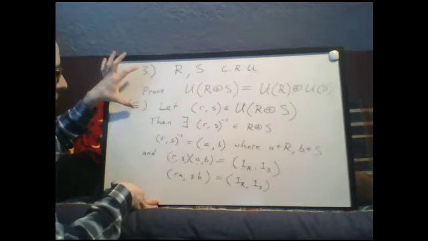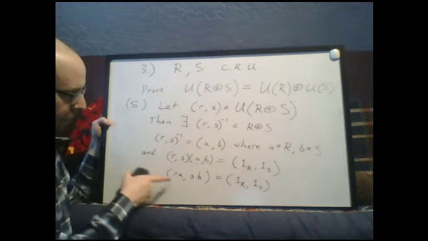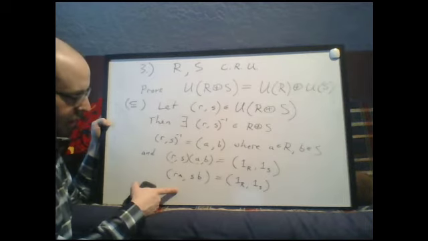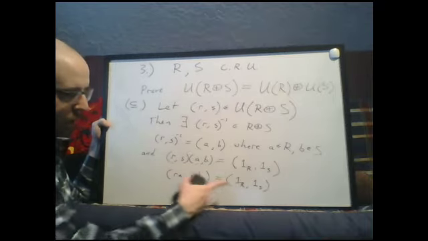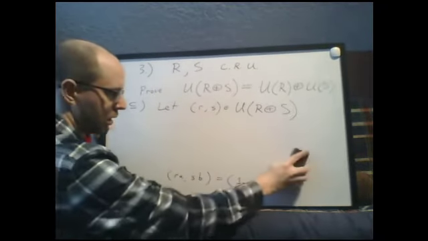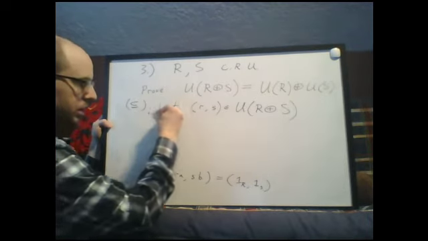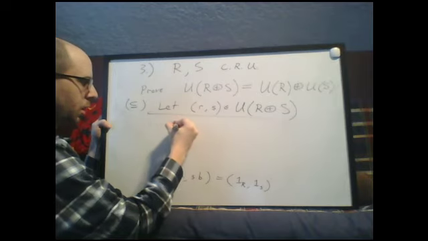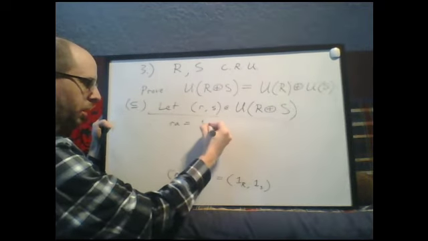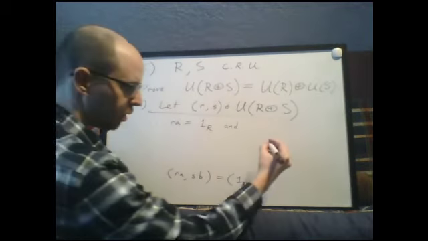Let me keep most of the setup here, including what (r,s) was. But now here, what that says is r times a equals 1R, and s times b equals 1 sub S.